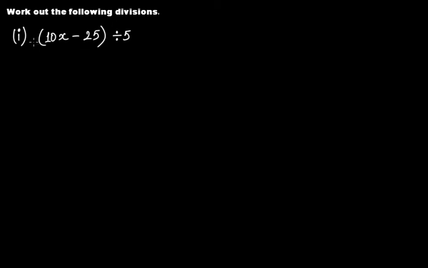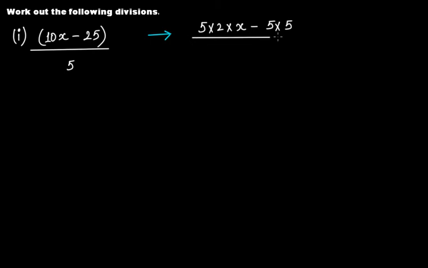In this first division, you have 10x minus 25 and this has to be divided by 5. Now, we can solve it in two different ways. So basically what we have to do is perform this division. You can write it as 5 multiplied by 2 multiplied by x minus 5 multiplied by 5, right?